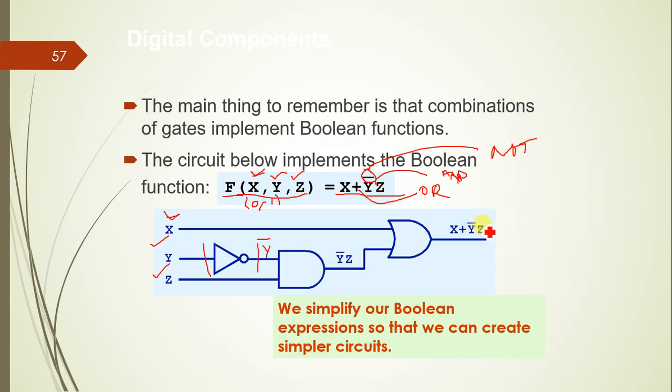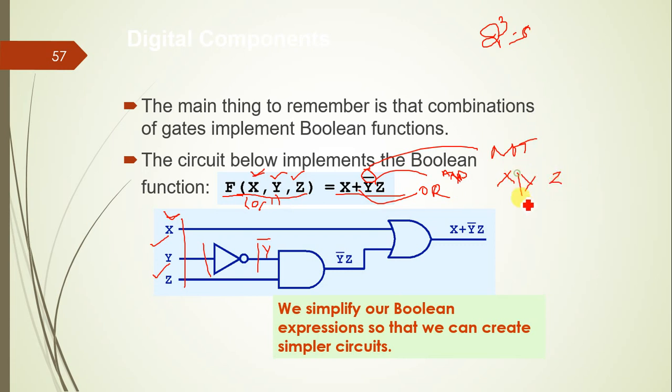For this, let us start making a truth table. Take three components. Since there are three inputs, the maximum number of combinations you will get is 2 to the power of 3, which is equal to 8. So we can write x, y, z.